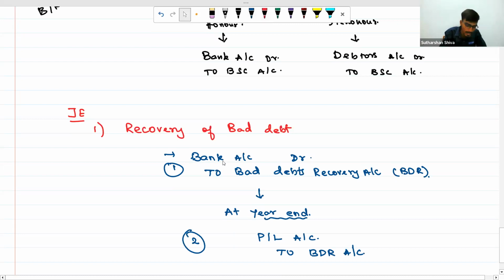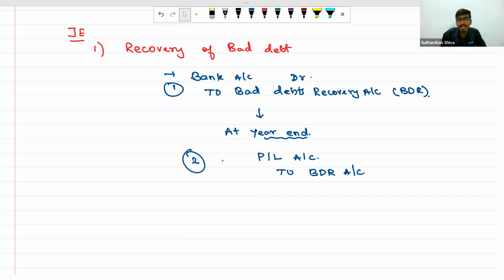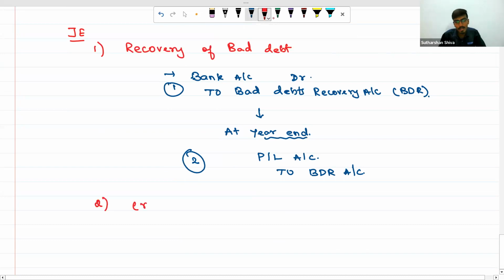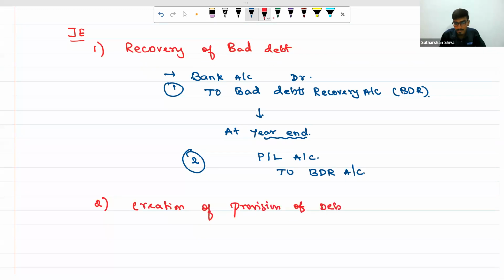Or you may also think that you may create a provision. So creation of provision for debtors, or some may also say PDD account, provision for discount on debtors account, or provision for doubtful debts account, or they may also call it RDD, reserve for doubtful debts.